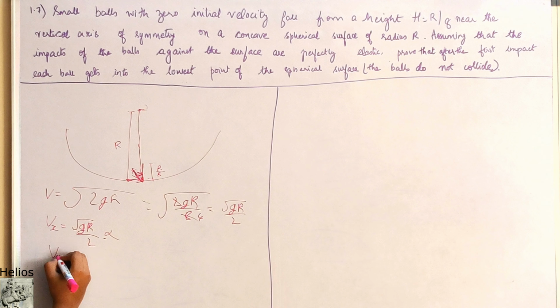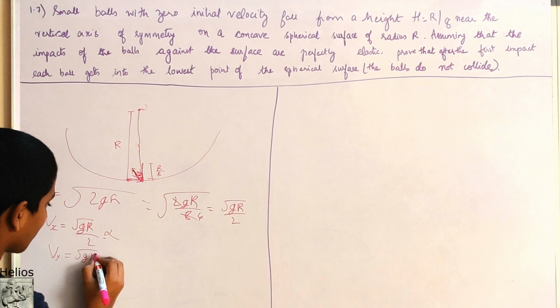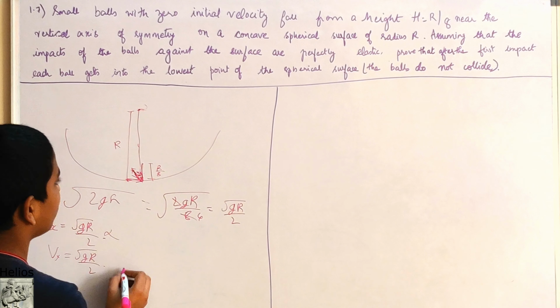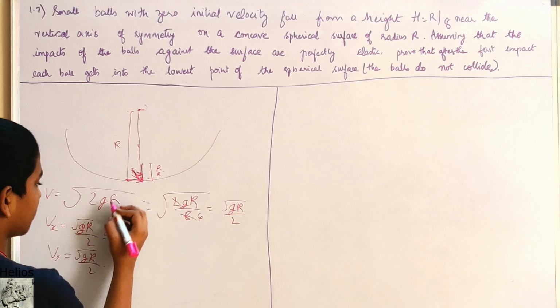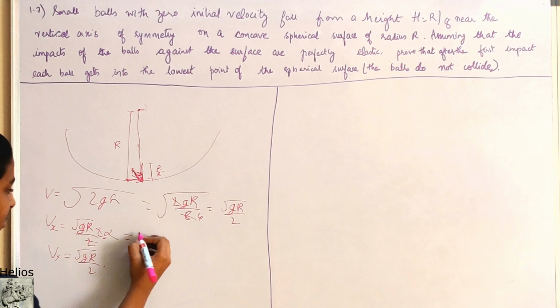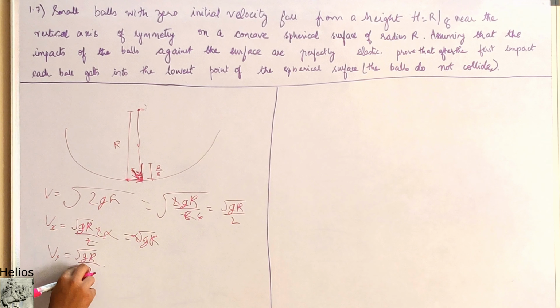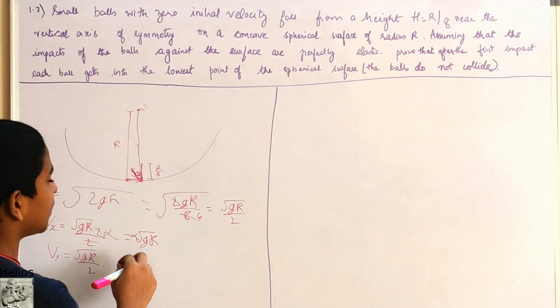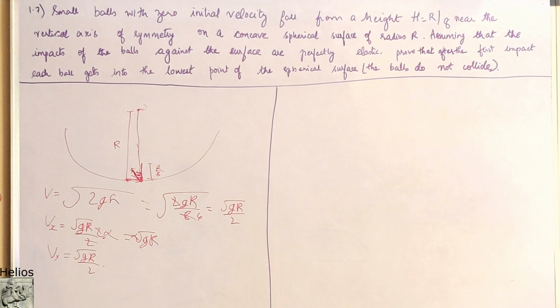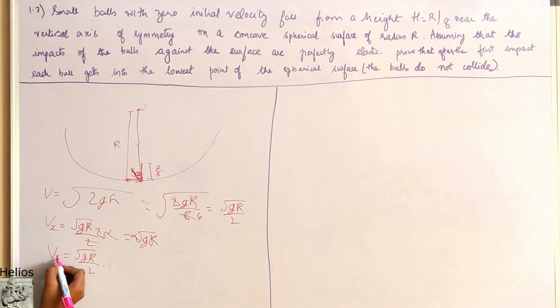And velocity Vy will be root over gr by 2 into cos 2 alpha. As 2 alpha is very small, cos 2 alpha tends to 1. This is the Vy component.